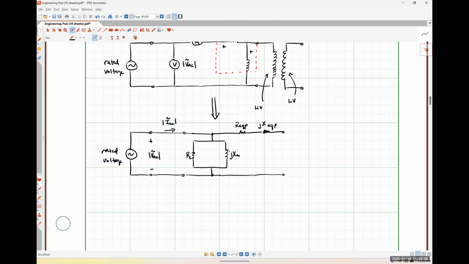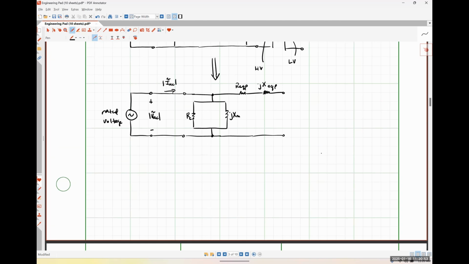So since all of that AC current is going to flow through our shunt impedances, we can say that in general, our open circuit test impedance, ZOC, is going to be whatever our AC voltage divided by our AC current is.